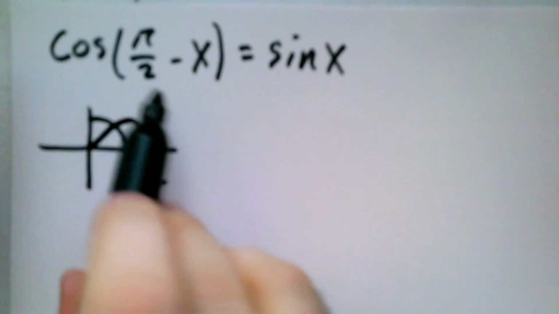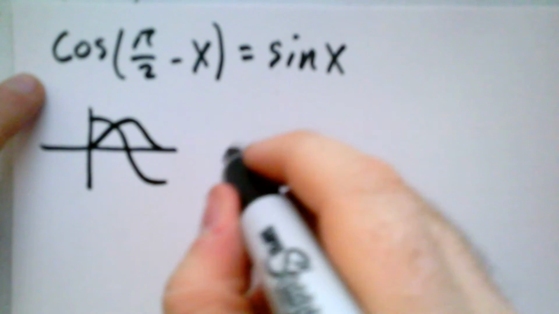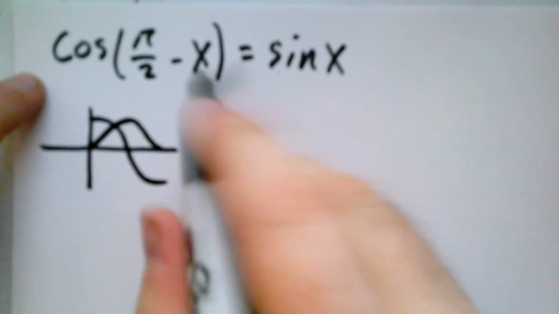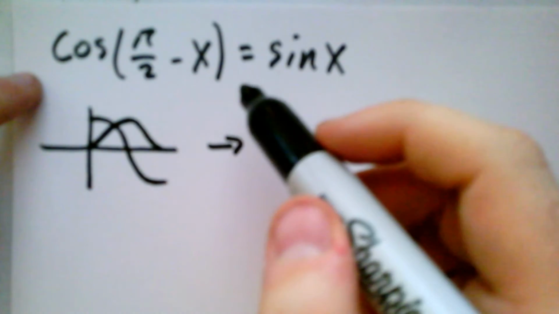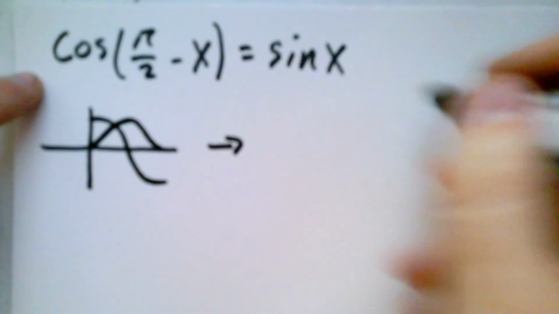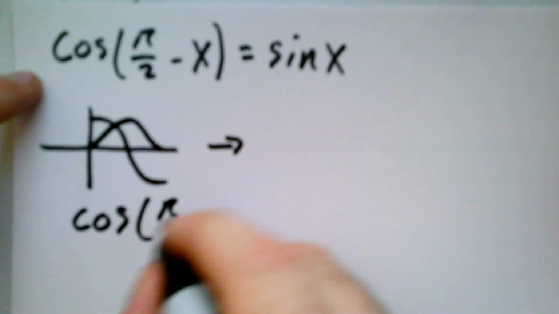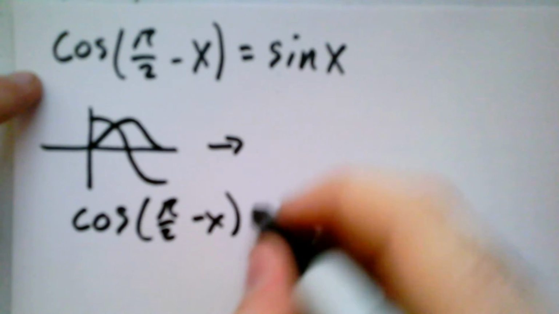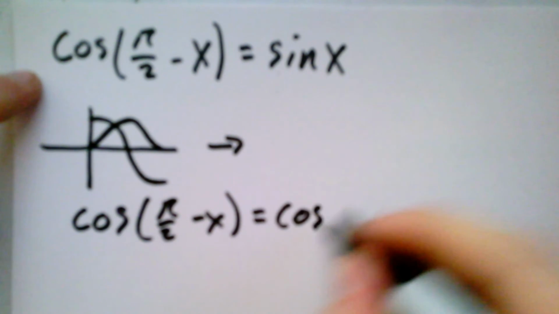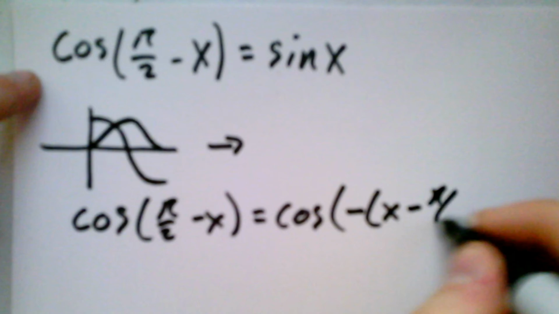So we do know that cosine of pi over 2 minus x is equal to cosine of negative x minus pi over 2.